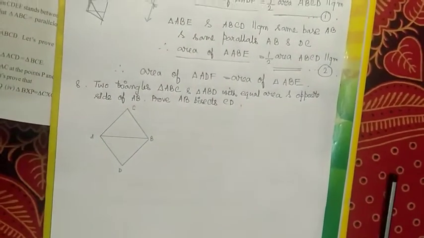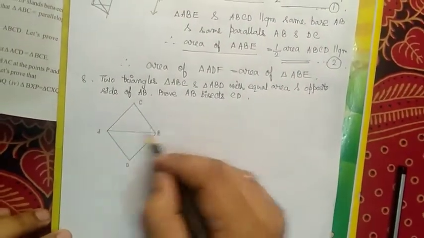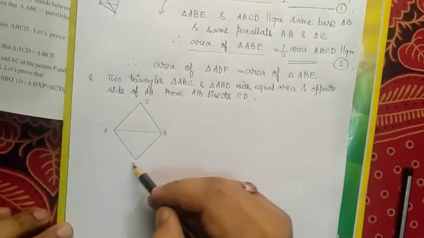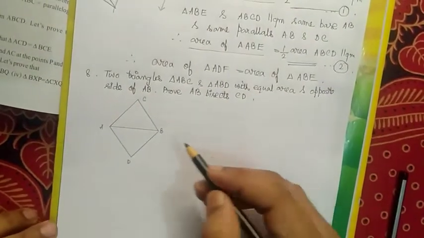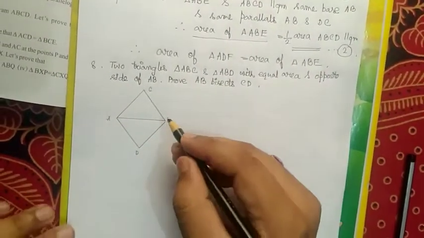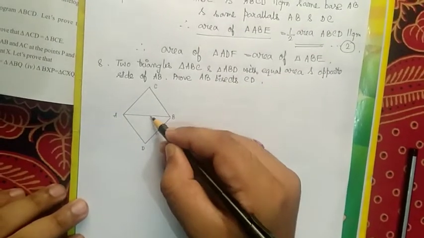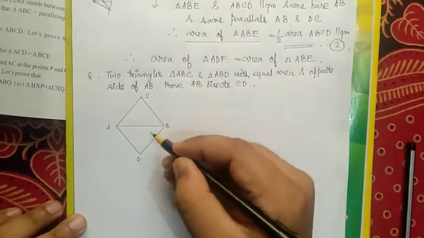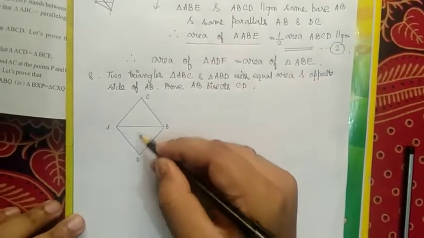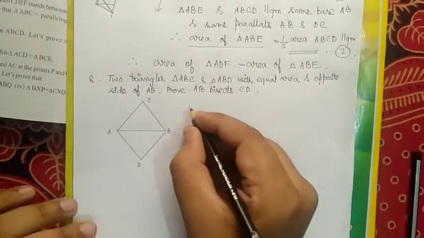From the question we know ABC triangle and ABD triangle both are equal in area and both the triangles are on opposite sides of AB. So triangle ABC is on the north side of AB and triangle ABD is on the south side of AB. Now we have to draw something here.